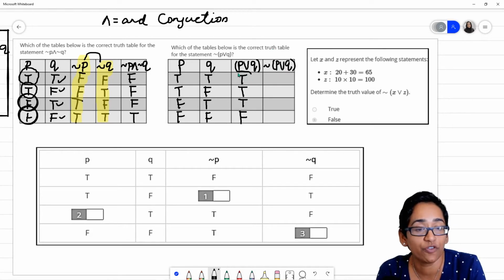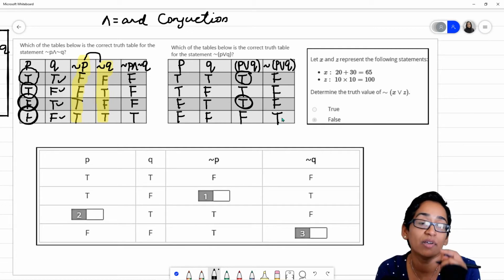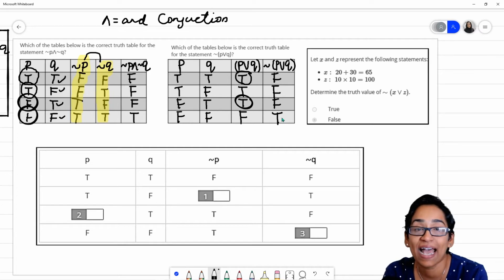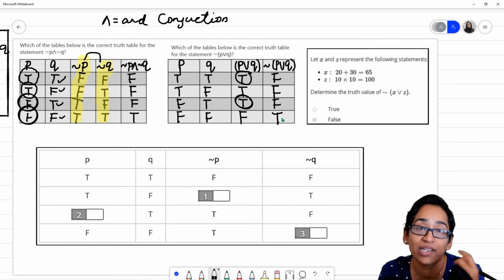So negation of true is false. Negation of true is false. Negation of true is false. Negation of false is true. So in your multiple choice, you will see which of the tables has these particular truth values and pick those.